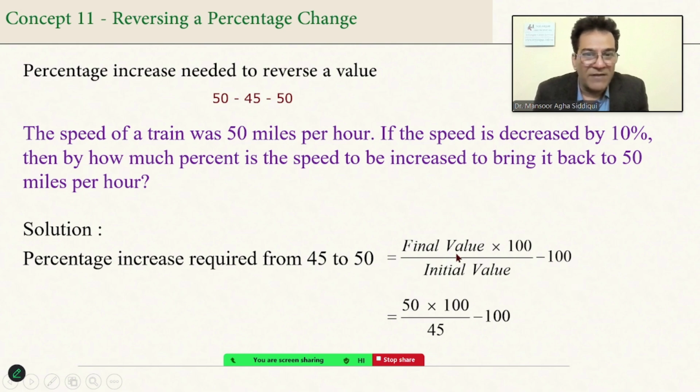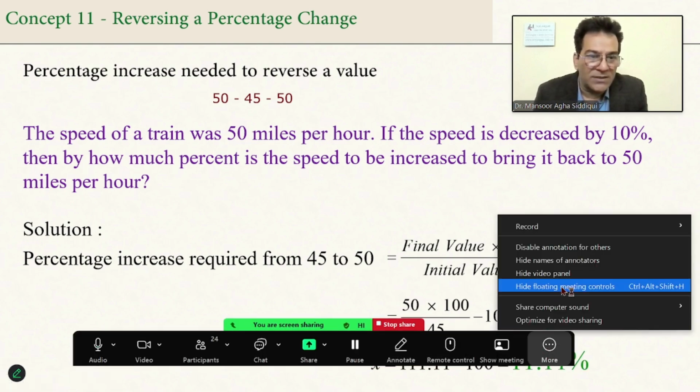And final value, remember, is 50. Initial value is 45. The second value is always the initial value. The third value is always the final value. So I substitute the value of 50 here in place of final value. And initial value is 45. And I simplify this whole thing, 50 multiplied by 100 divided by 45 minus 100. And I will end up getting this final value.